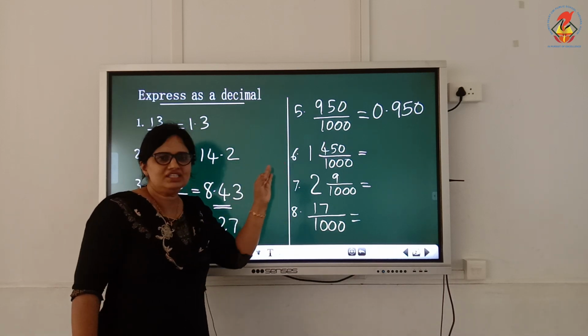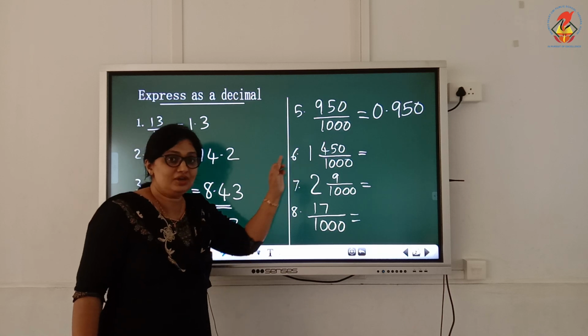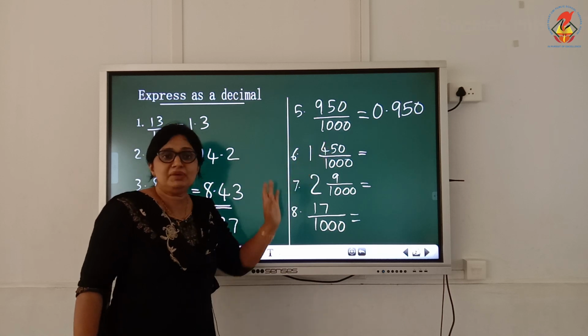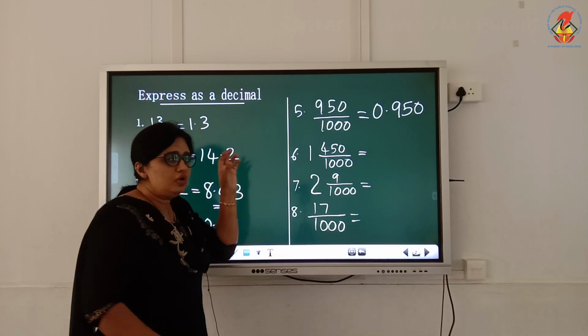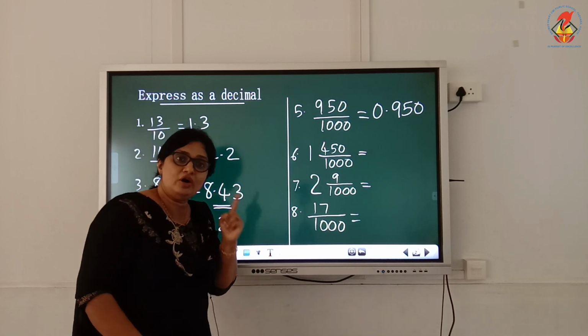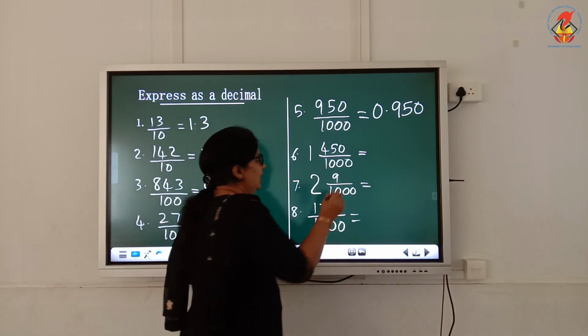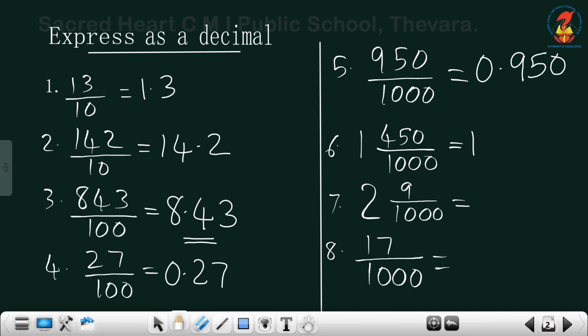Okay. And the next one is a mixed number. Here 1 is the whole number, and 450 by 1000 is a proper fraction. So, 1 I can write as the whole number part. After that you need to put a point, because in a decimal number there are 2 parts.